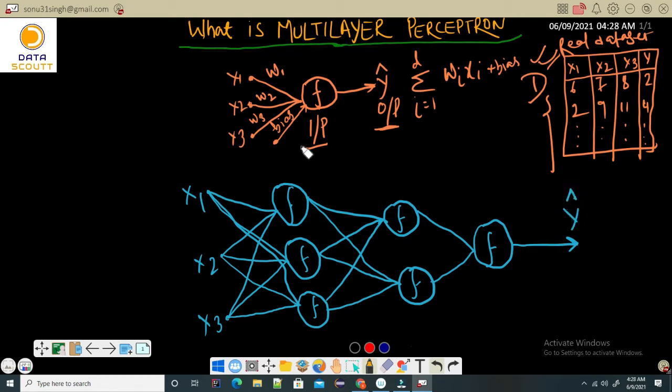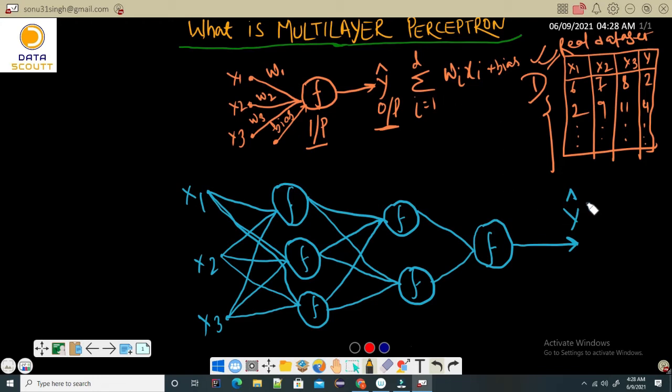So in this architecture, x1, x2, x3 are the three features of the data set, which get connected to these three neurons, and the outputs of these neurons are fully connected to the next level of neurons, which are connected to a final output neuron giving us the y hat.